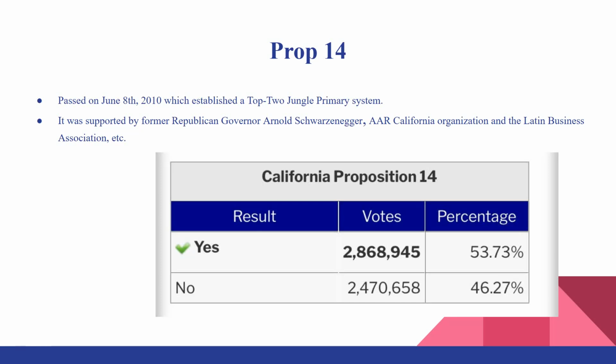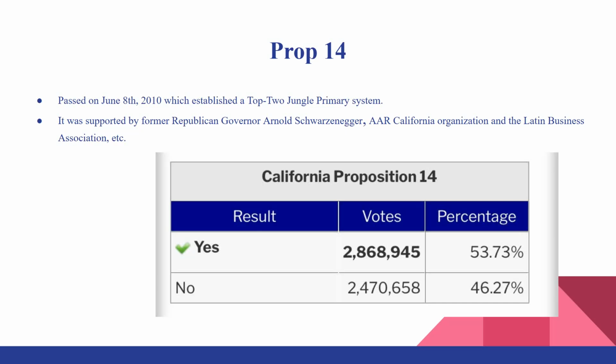The first election that the top two jungle primary system was used was the 2014 election, the very first election where the top two system was used for governor, for all the other statewide offices, which include the Secretary of State, Attorney General, Lieutenant Governor, and also congressional and state legislative elections as well.